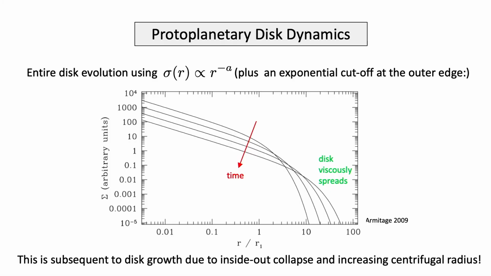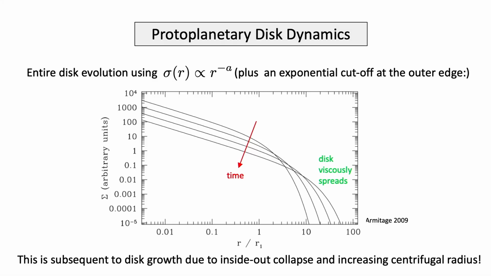And as you let this evolve through viscosity, this friction process, you see that, first of all, the mass decreases everywhere apparently, but that's because it's transported inward and eventually gets lost onto the star. But some of the mass is actually transported away from the star. So this is this spreading here of the disk from, in this case, 10 to several tens of astronomical units. But it's a smaller part of the disk mass. Most of the disk mass is actually transported toward the star.